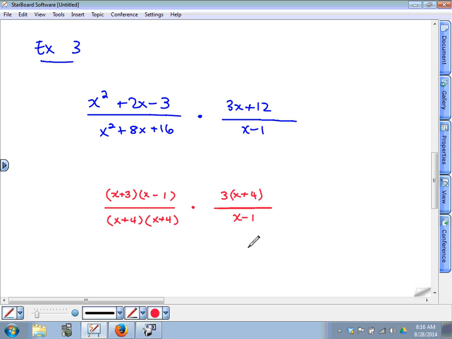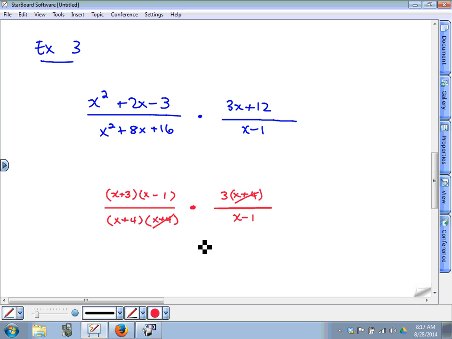Now this type of simplifying is called cross-canceling. You need to listen very carefully. Cross-canceling only works on multiplication problems. What I mean by cross-canceling is you see an x plus 4 here, and then on the other fraction you see an x plus 4. You can cross-cancel those only while multiplying, never with addition or subtraction.